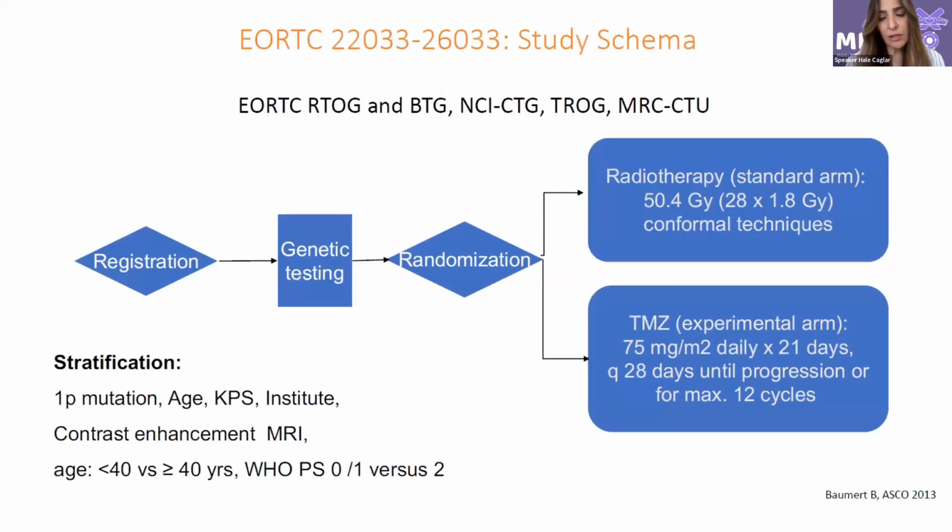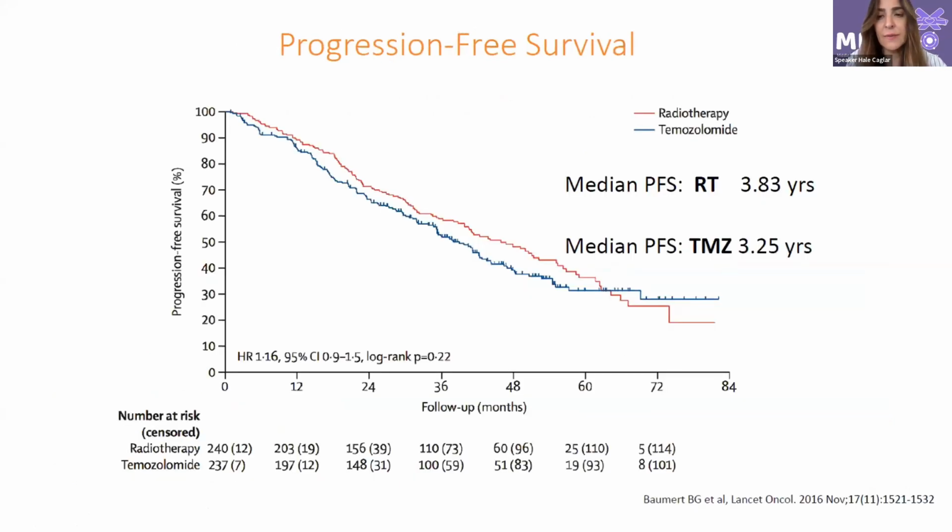The second trial, parallel to the RTOG, was the EORTC trial, which again included high-risk low-grade gliomas, and the randomization was between radiation therapy and temozolomide only. The initial publication revealed no difference between radiation and temozolomide, which is a different standard than what we're doing in high-risk, low-grade glioma patients right now.